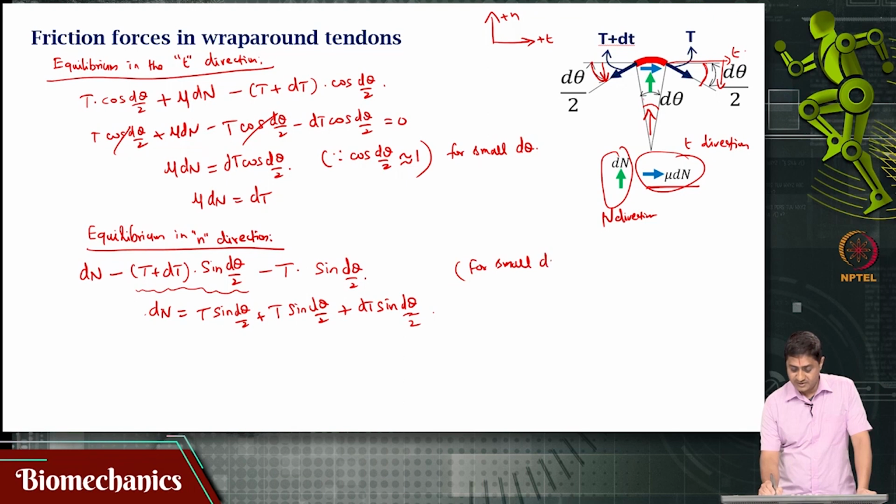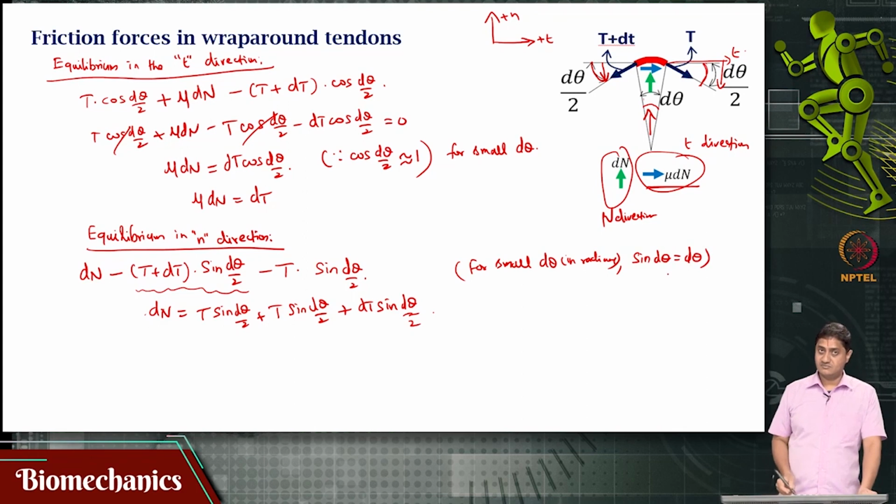Now, for small d theta in radians, sin d theta is equal to d theta. From high school trigonometry, I know that for small d theta in radians, sin d theta is d theta.